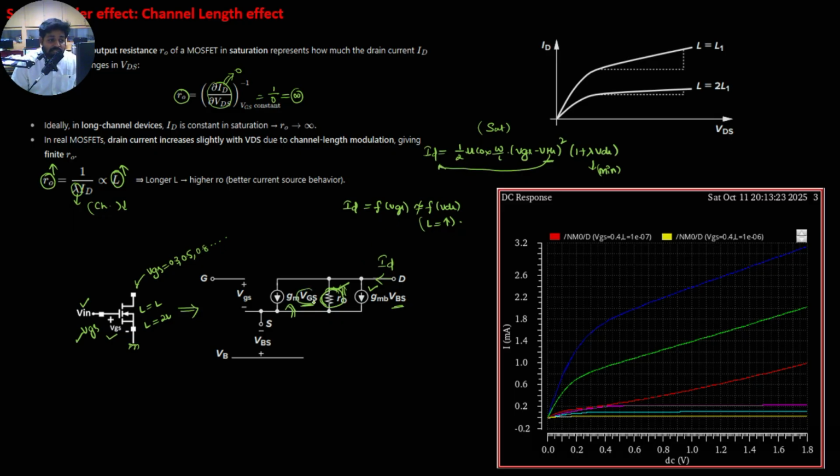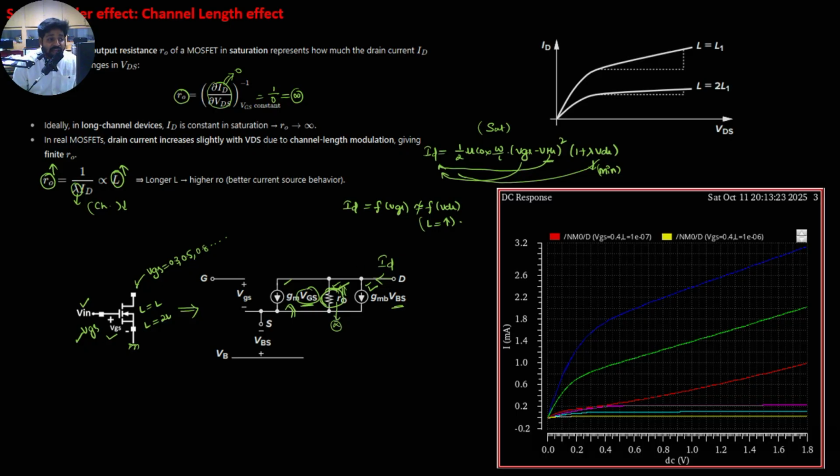So VGS can control the ID, VDS can control the ID, and VBS can control the ID. As this equation says, there will be three components connected in the small signal model. If the R naught value is very, very high, it will be infinity, so it will be an open circuit.